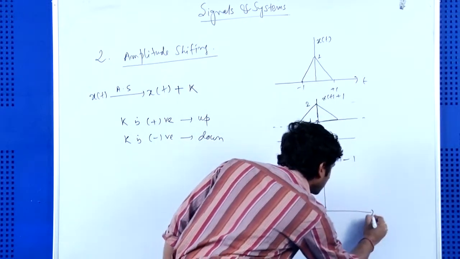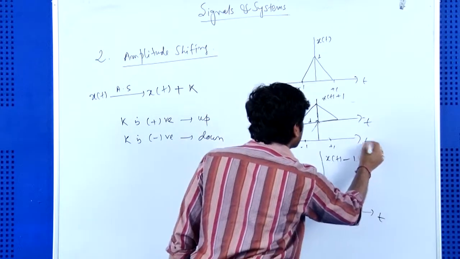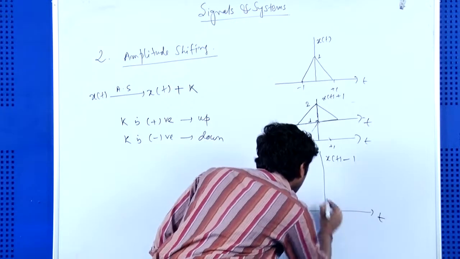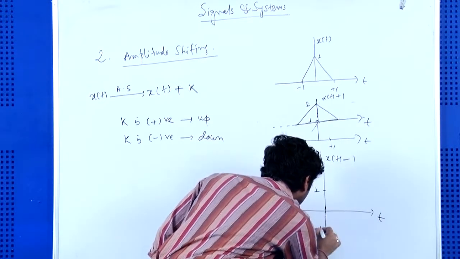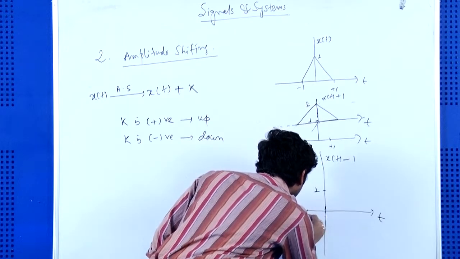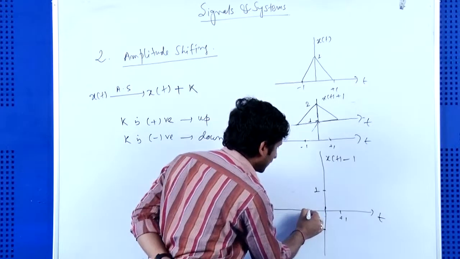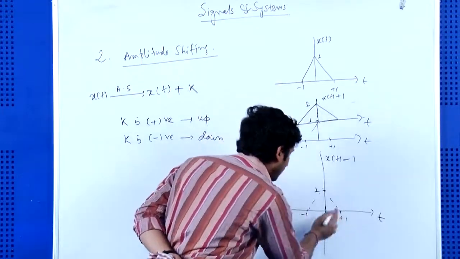Now, consider x(t) - 1. This is 0, the t axis, plus 1, minus 1. The original signal is here, but x(t) - 1 will be downward.